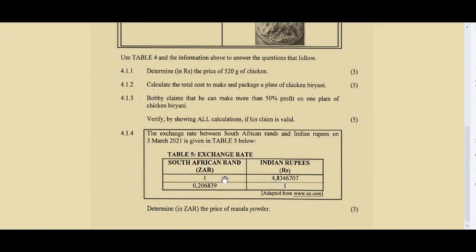And then 1 Indian rupee is only equivalent to 0.206839 rand, in terms of the South African currency. Now they say determine in ZAR, which is the South African currency, the price of masala powder. So this is in South African rands.